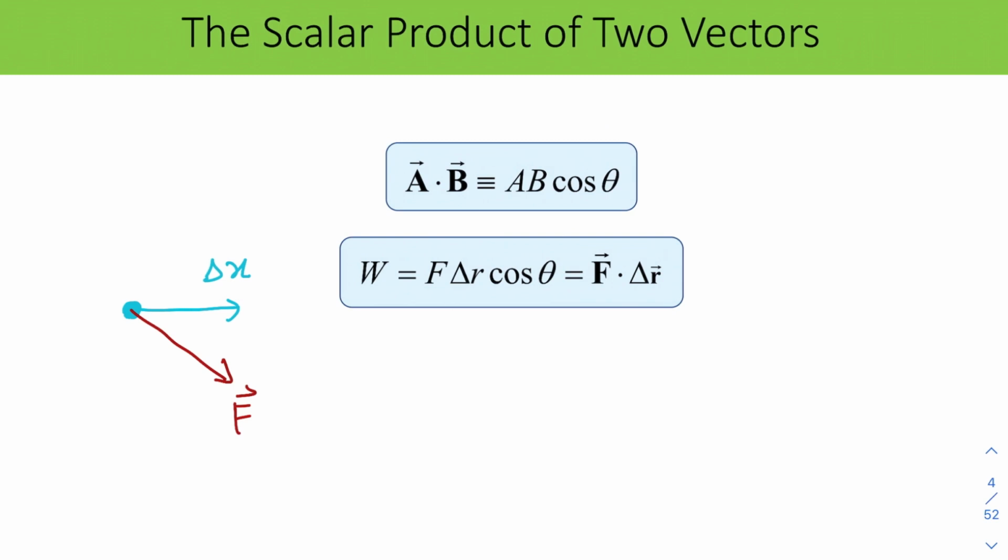So the smallest angle between the displacement delta X and the F is this one.